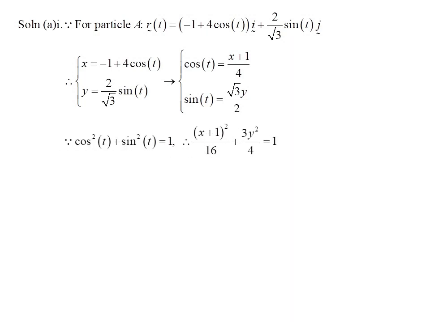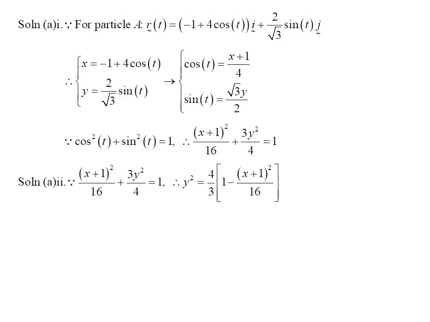Since the square of cosine t plus the square of sine t equals 1, we have the Cartesian equation (x+1)² over 16 plus 3y² over 4 equals 1.